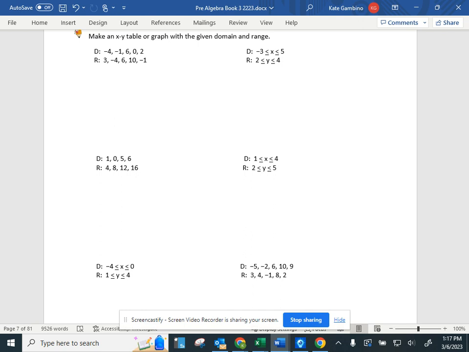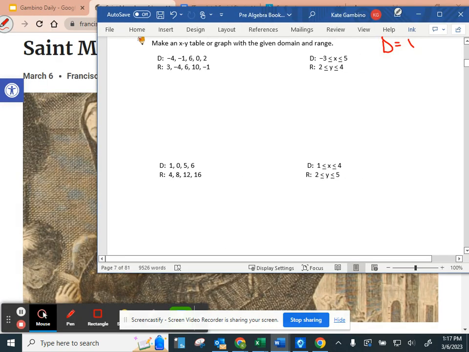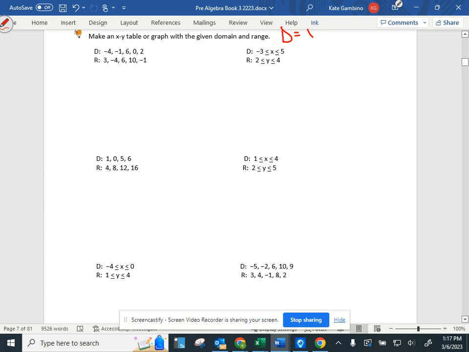Oh, no. Okay, so what I'm going to do to help myself out is I'm going to remind myself that my domain equals the x's, and the range equals my y's. So that's just my little notes to myself to make sure I remember and keep them straight. So it's always a good idea to put those on the top of the page so you don't have to keep flipping back and forth.